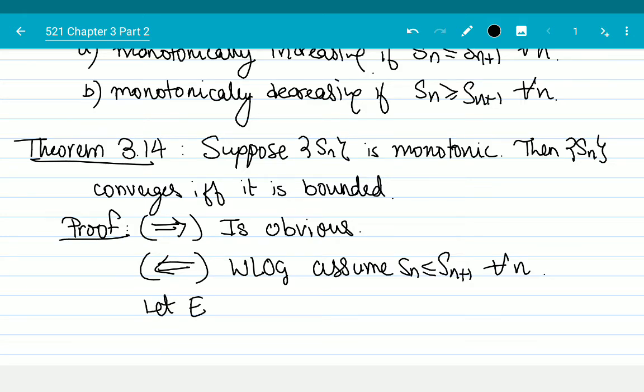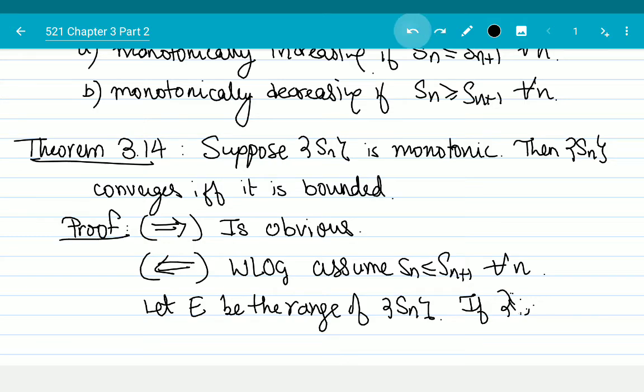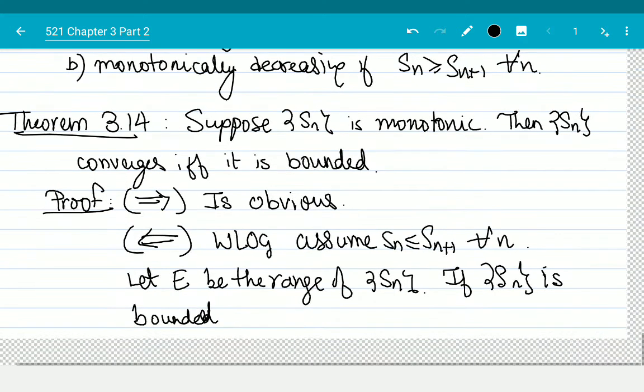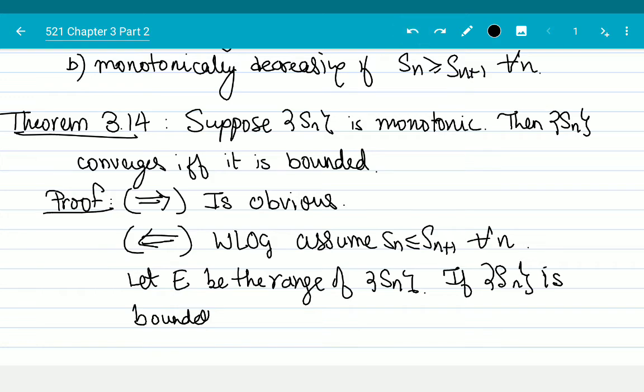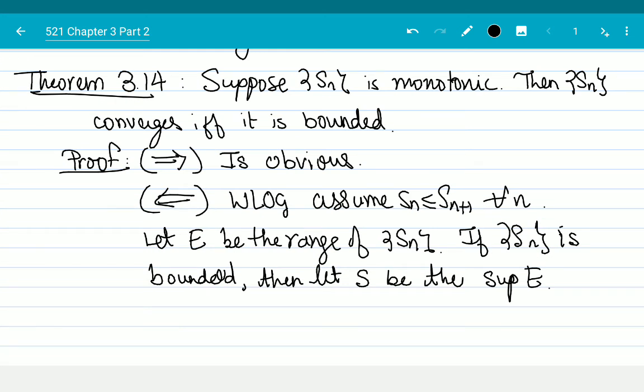Let E be the range of Sn. If Sn is bounded, then let S be the least upper bound of E. Let S be the supremum of E, or least upper bound of E. Okay.